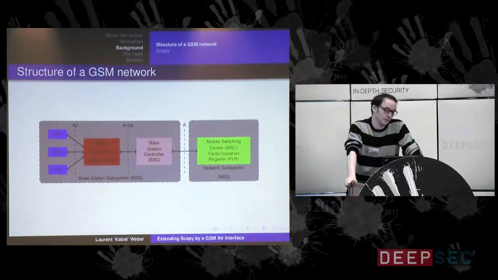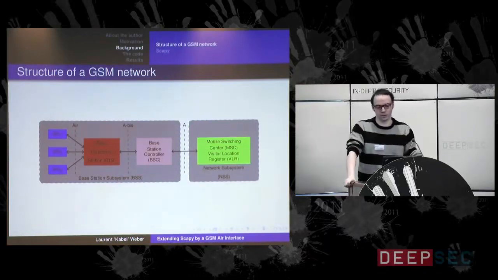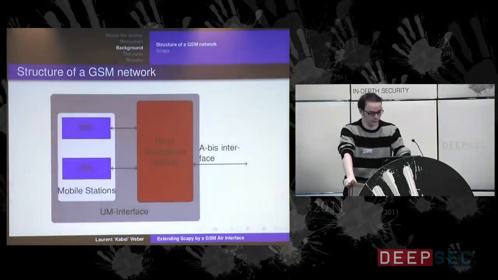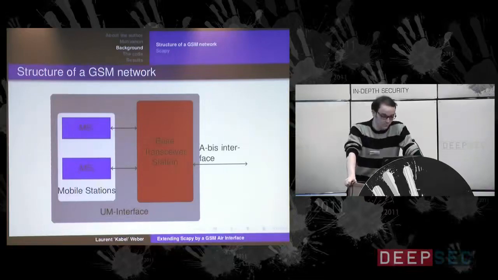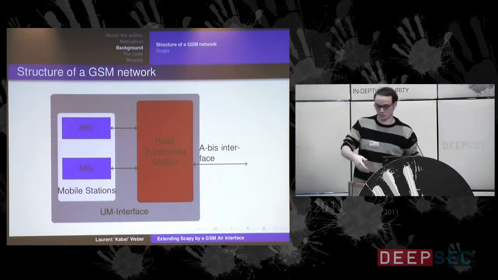Of course, as I said, it's not a complete overview. It's only to present it in little pieces to people that have never seen anything about GSM. But all this is way too much already for this talk. All you have to know is this part of the diagram. So you have to know what the mobile stations are.